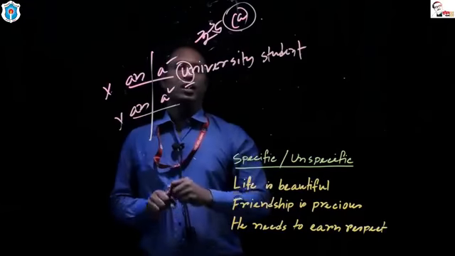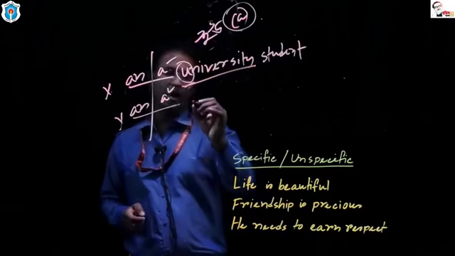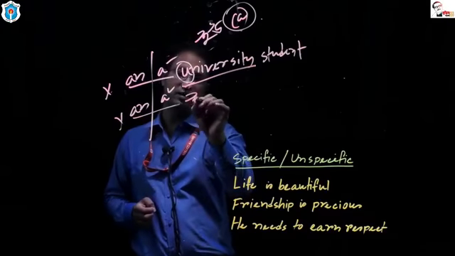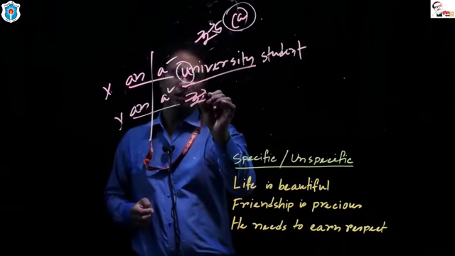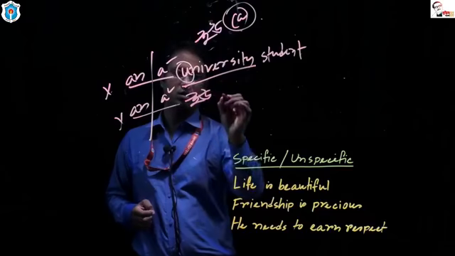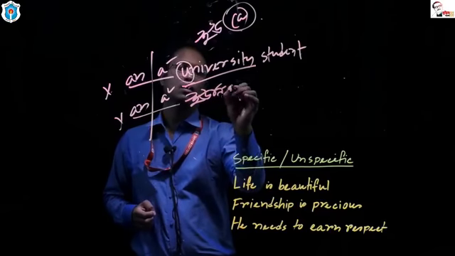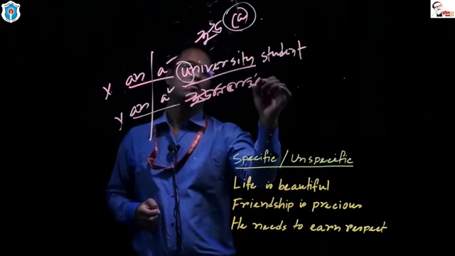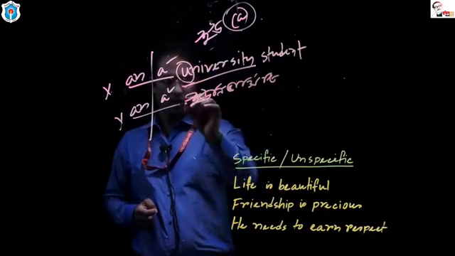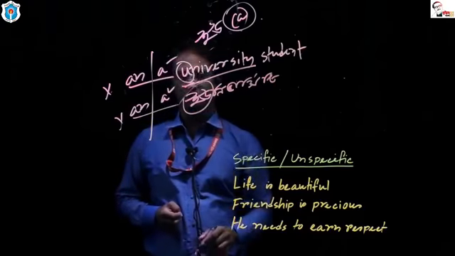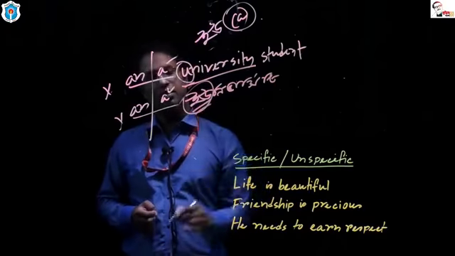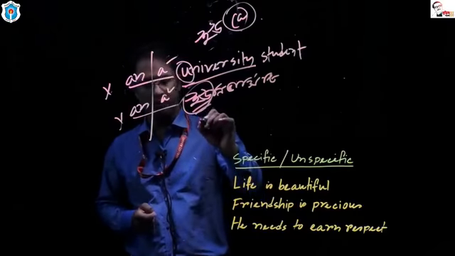Okay, here you see university student. Just write down in Bangla university. Here is university. How many vowel sounds here? There are two or double vowel sounds.